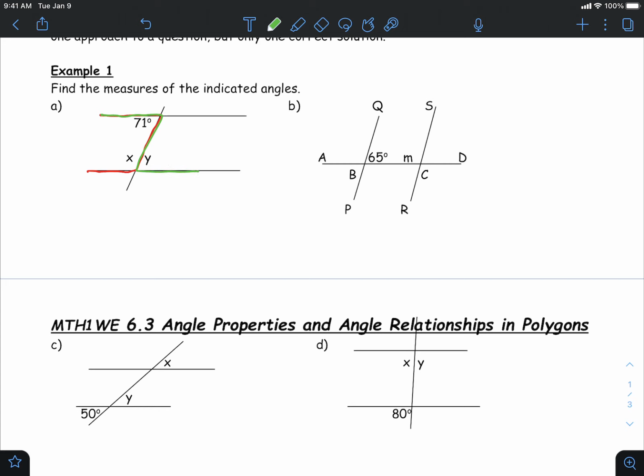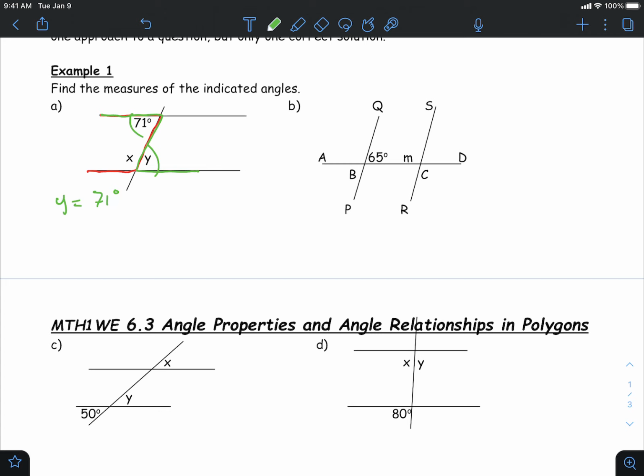These two would be the same. And so Y is going to equal 71 degrees. So that's the Z pattern rule.